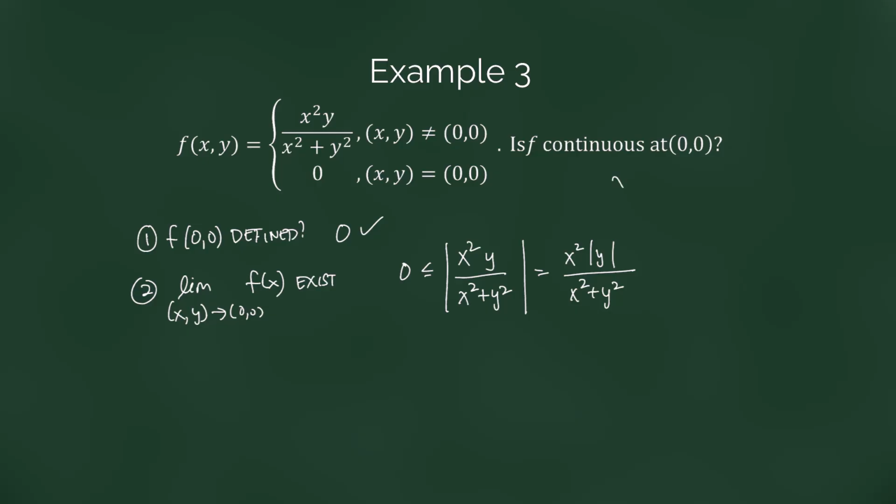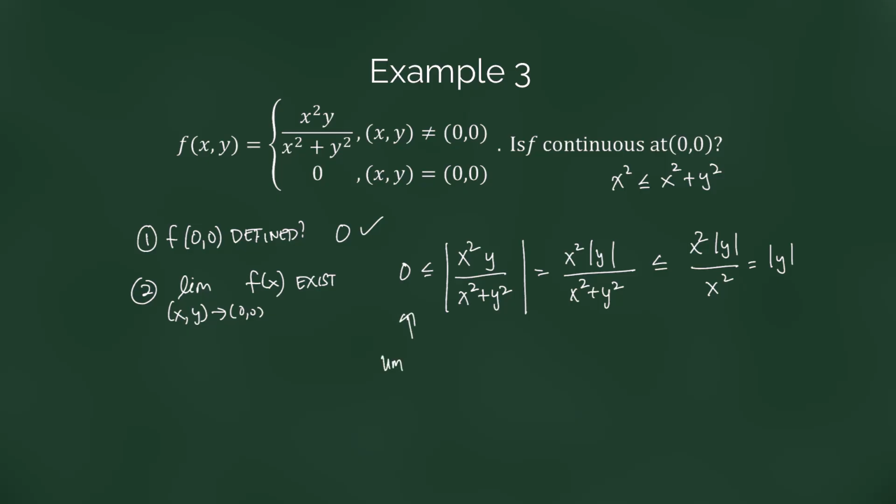And because x squared is necessarily less than or equal to x squared plus y squared, this function is less than or equal to x squared times the absolute value of y over x squared, which is equal to the absolute value of y.